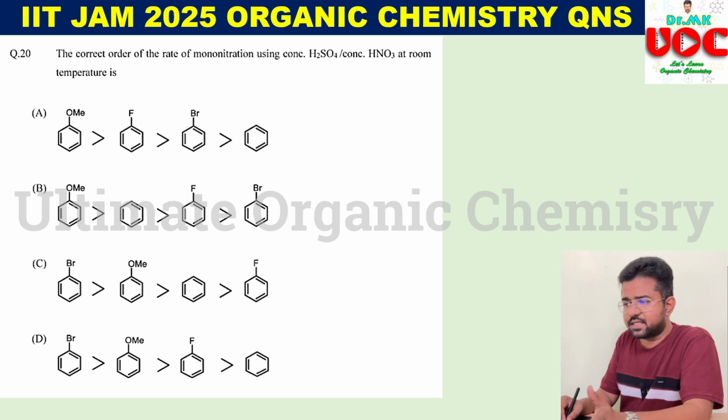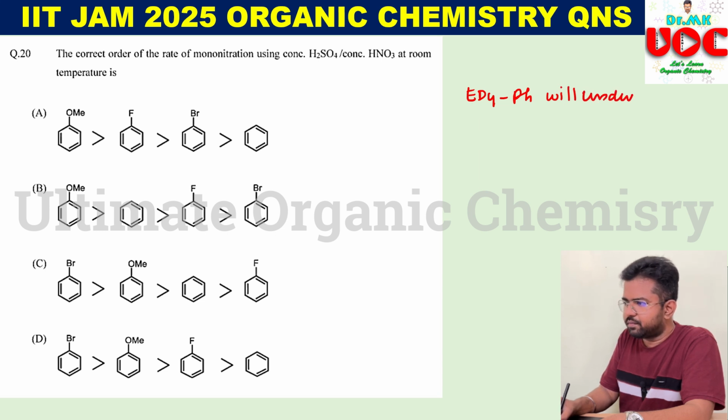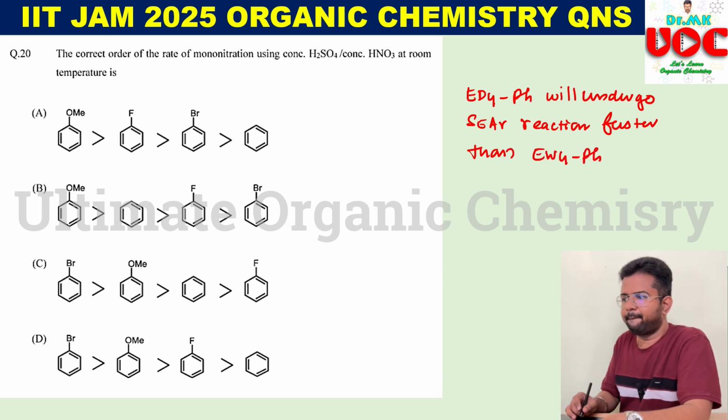You know the basic thing, that is, a benzene ring with an electron donating group attached will undergo aromatic electrophilic substitution reaction faster than benzene containing an electron withdrawing group.